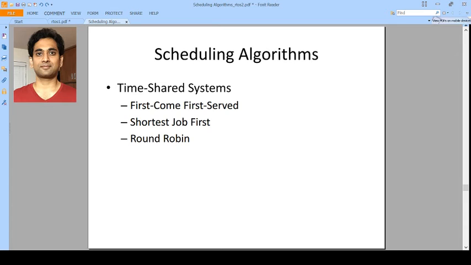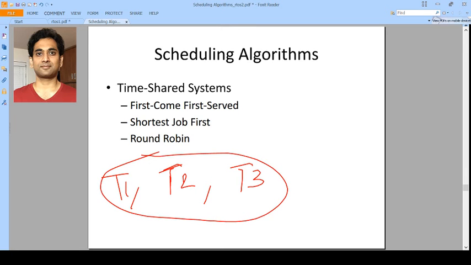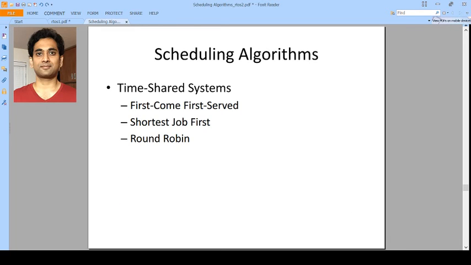So time shared systems, in which the different tasks T1, T2, T3 all share the CPU time, can be classified into first come first served, shortest job first, and round robin schemes.